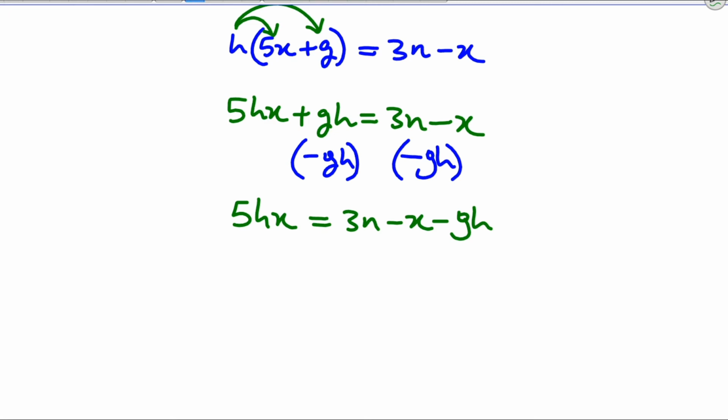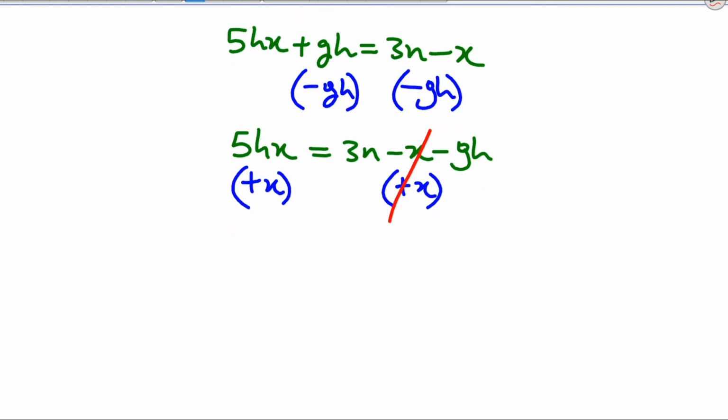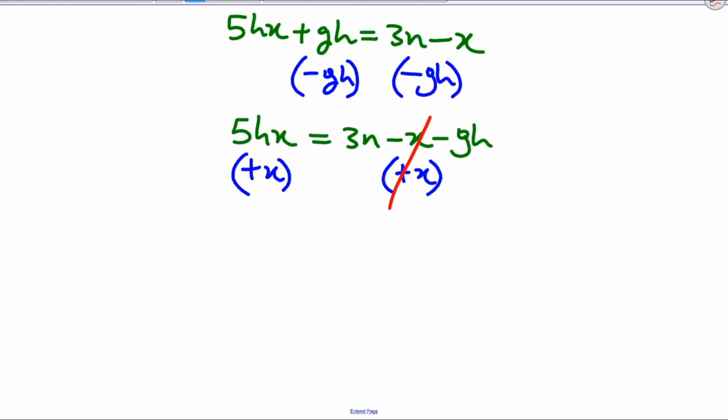And then the next step is to bring the x's on one side. So add x on each side. X and x do cancel because negative x plus x is 0. So what you're left with is 5hx plus x is equals to 3n minus gh.